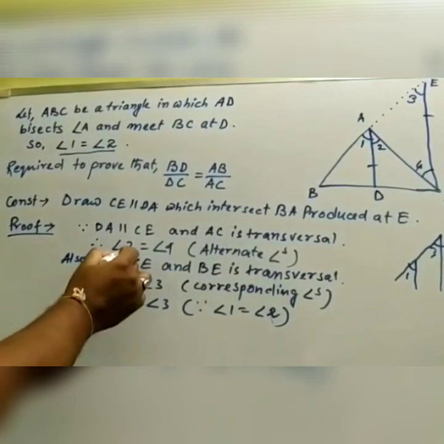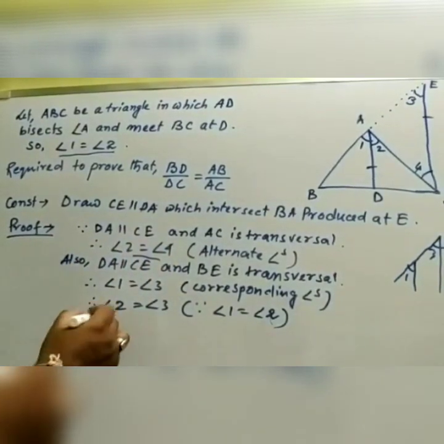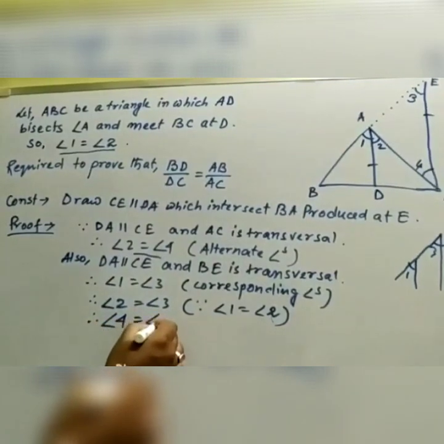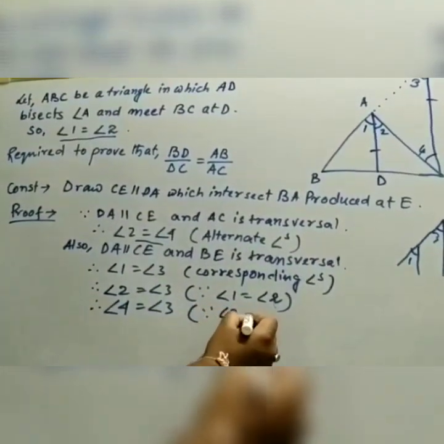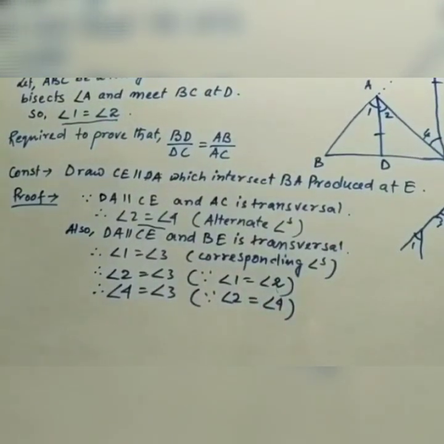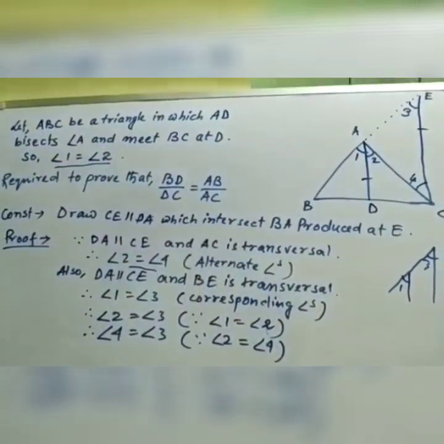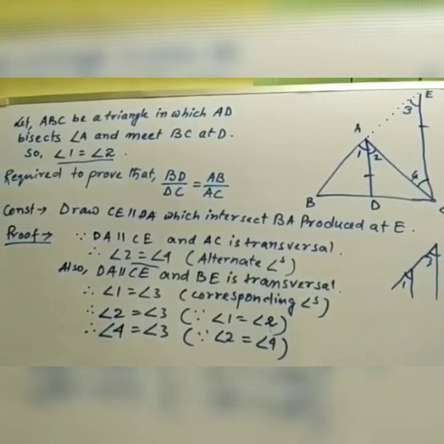Okay. Also we have angle 2 equals 4. So that value also replacing here. So we are getting angle 4 equals angle 3, as we have got earlier angle 2 equals 4, they are the alternate angles. Okay. So we got angle 3 and angle 4. These two angles are equal. And if these two angles are equal, you know that the sides opposite to equal angles are equal.